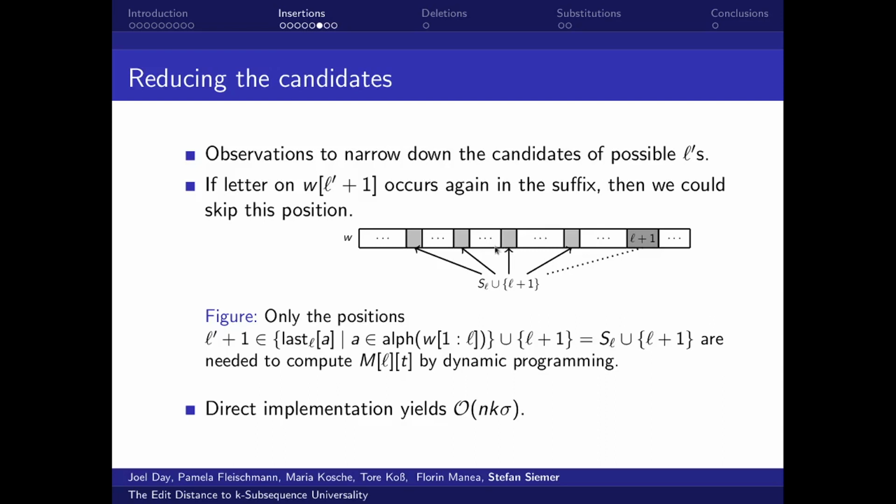Therefore the only place where something interesting could happen is the last position of each letter before our currently considered prefix. If we reduce the candidates, we only have sigma candidates left, and a direct implementation would yield a runtime of O of n times k times sigma.